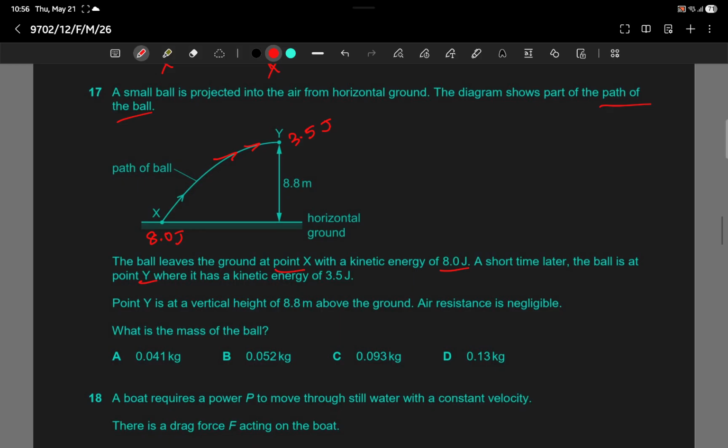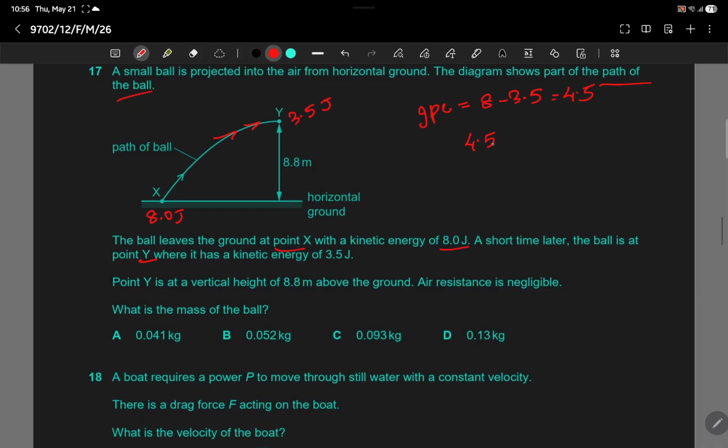Air resistance is negligible. So first we define the gravitational potential energy, the GPE. What is the gain in GPE here? It's basically the initial minus final kinetic energy, so 8 minus 3.5, which is going to be 4.5.